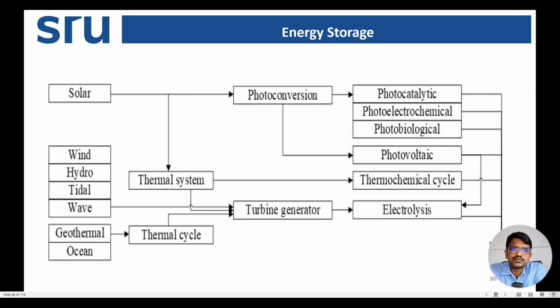So for that purpose, we need to store energy. First we need to know from where we can produce energy. What are the ways, in how many ways can we produce energy? So first we need to focus on production of energy, and then, whatever energy we produced, we cannot use it immediately, right?